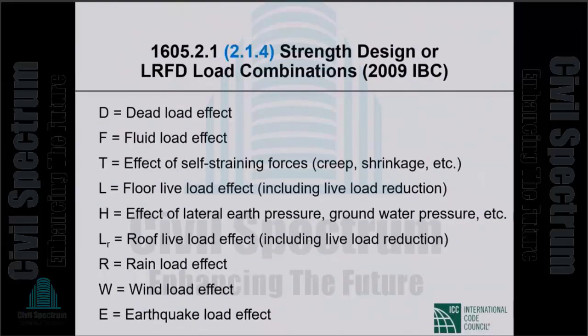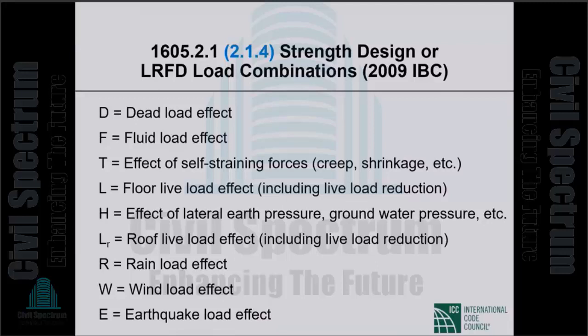So D is dead load effect. F is fluid load effect. T is effect of self-straining forces. That's a much better way of saying it. T stands for temperature, but it is the effect of restrained volume changes. That's what it is. L, live load effect.